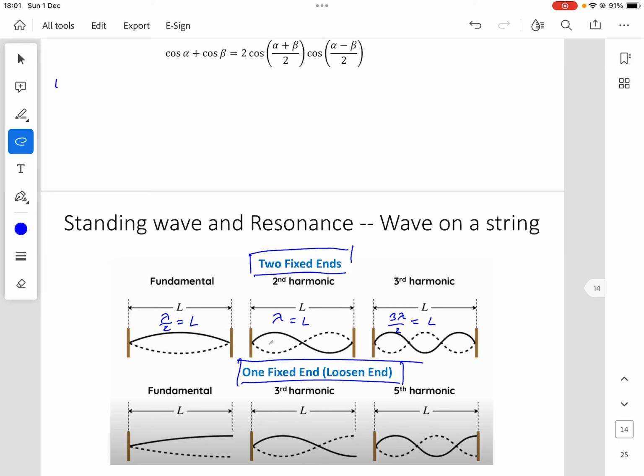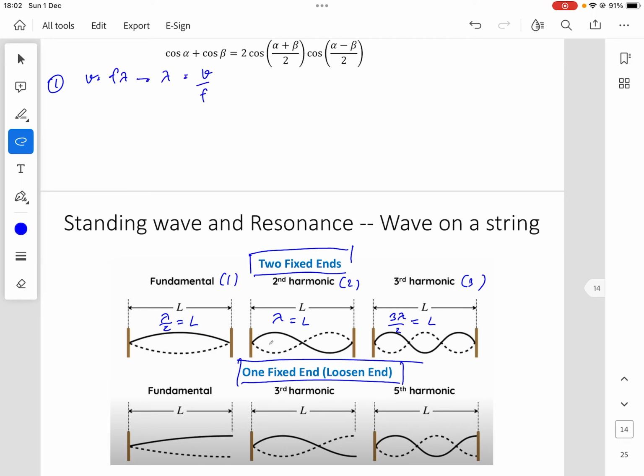For the first case, the first harmonic, in this case we put number 1 into the animation, right? It's number 2 and number 3. So v equals f lambda, so lambda is v divided by f.